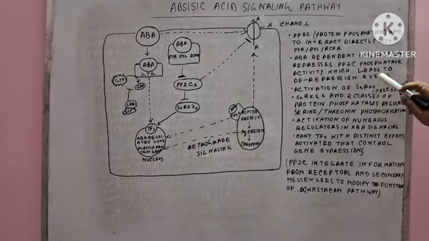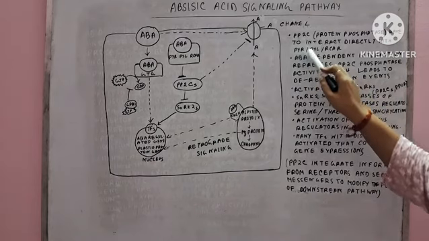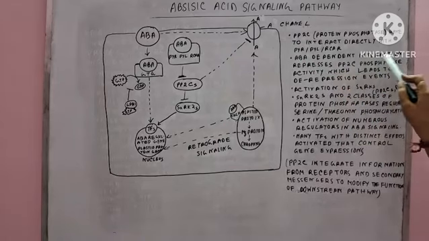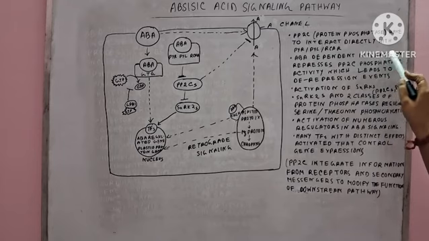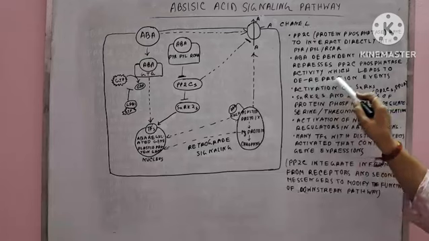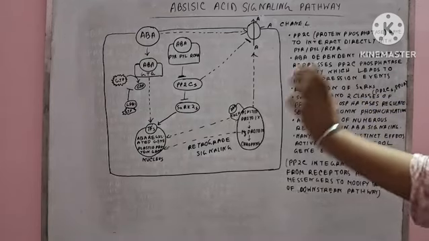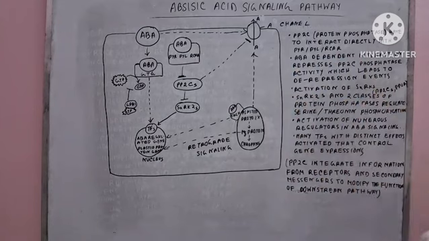Here it is written that ABA generally stops the phosphatase activity, because in that way there are de-repression events. That means the activation of SnRK2 occurs, and it phosphorylates serine and threonine.